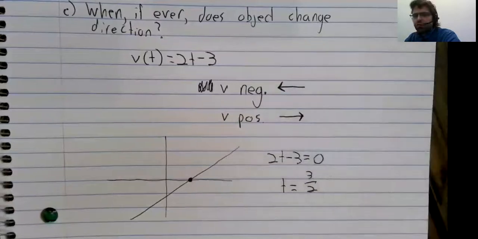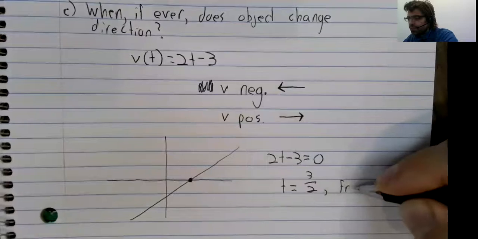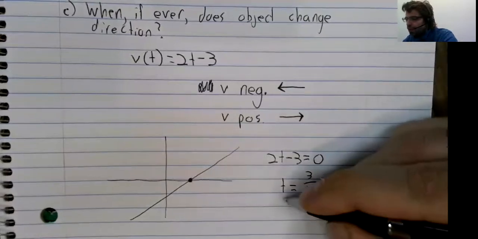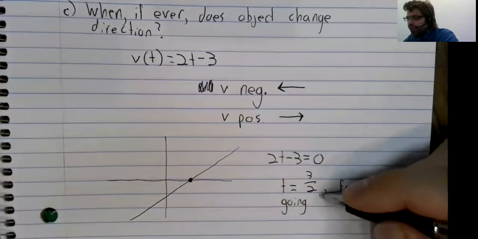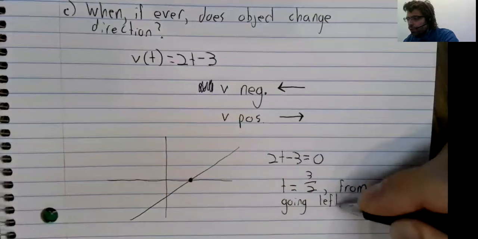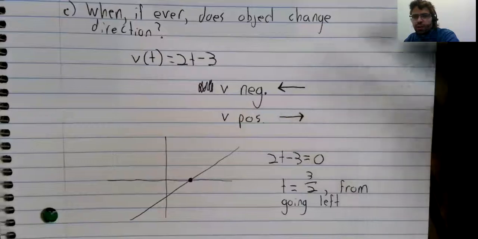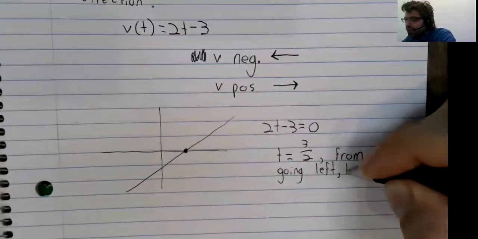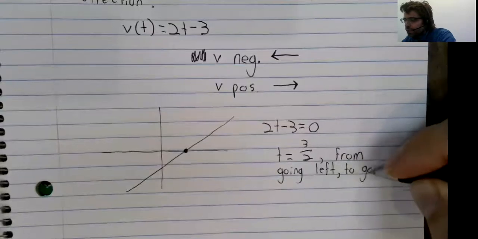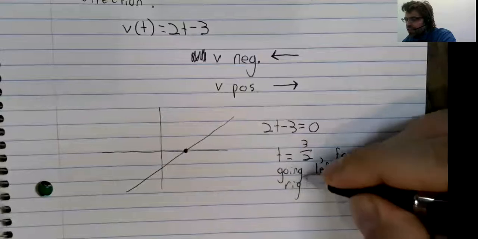So after 3/2 of a second, it changes from going left or going in the negative direction. I've drawn a horizontal number line from going left to going right.